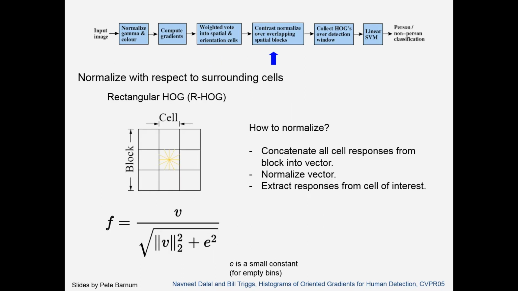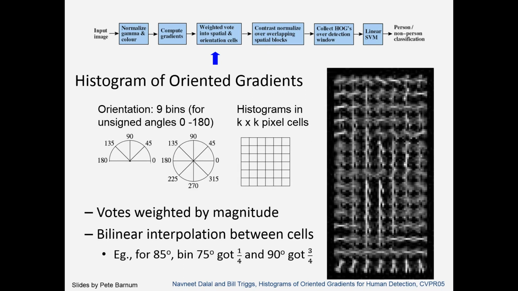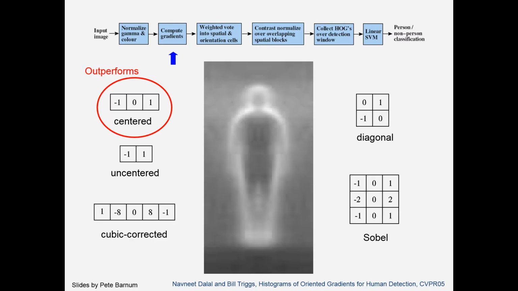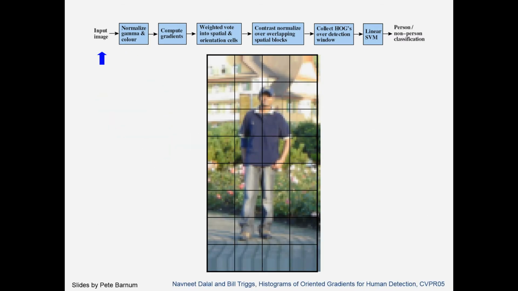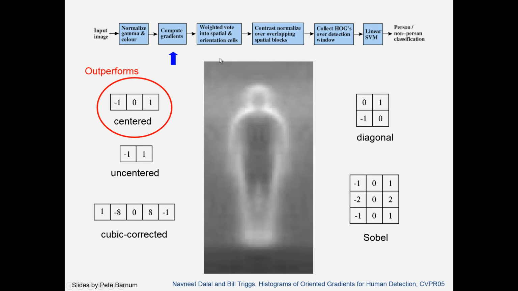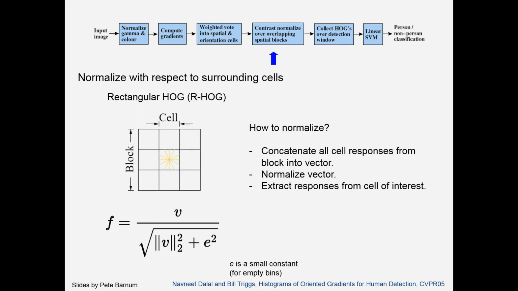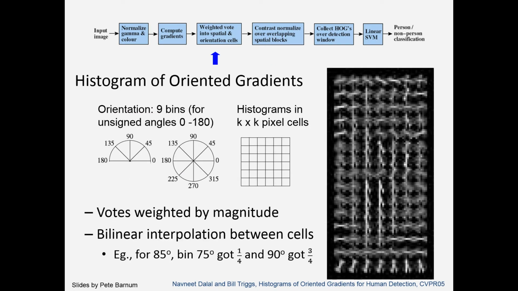For each of the cells I showed earlier, you compute the gradient, then compute the histogram. For the votes in the histogram, they are just weighted by magnitude. That's what we did in the homework also.